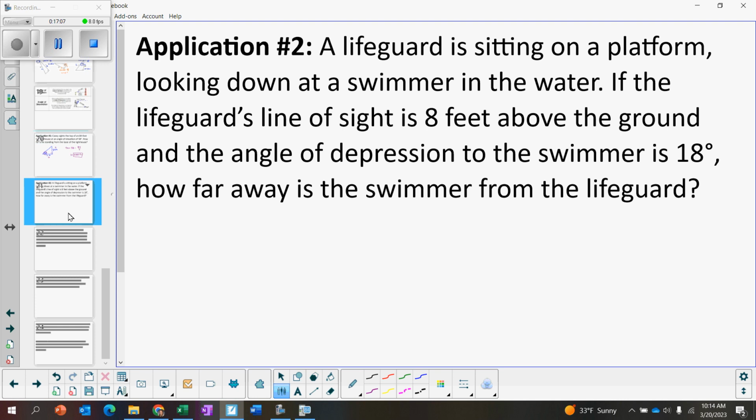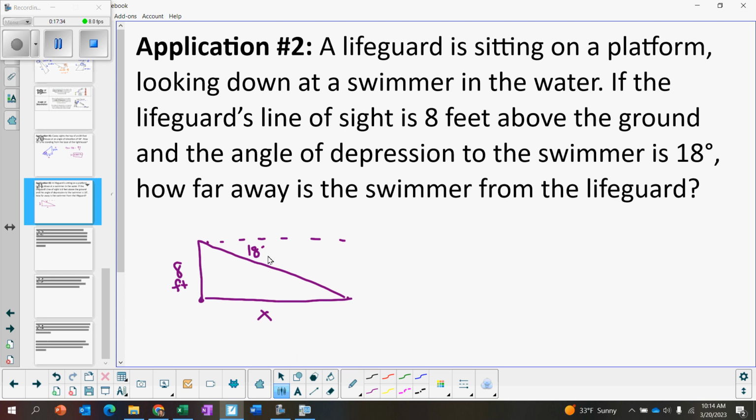All right, the next problem. A lifeguard is sitting on a platform looking down at a swimmer in the water. The lifeguard stands 8 feet above the ground. So the lifeguard is 8 feet above the ground, and it's an angle of depression. I'm looking at a line like this, and that is 18 degrees. How far away from the swimmer is the lifeguard? The swimmer's here, the lifeguard's here.